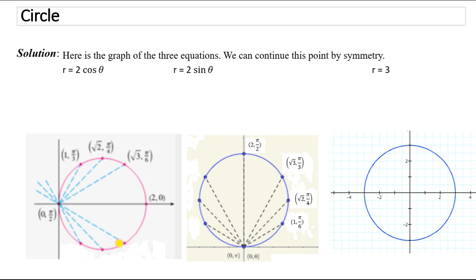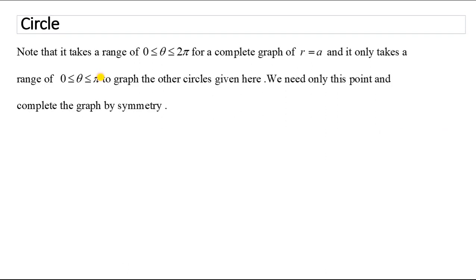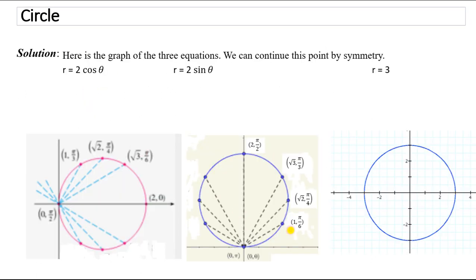Then continue by symmetry about the x-axis, because cos θ is always symmetric about the x-axis. These are the graphs of circles. For r = a, the range of θ is from 0 to 2π, and for the other circles the range is from 0 to π.